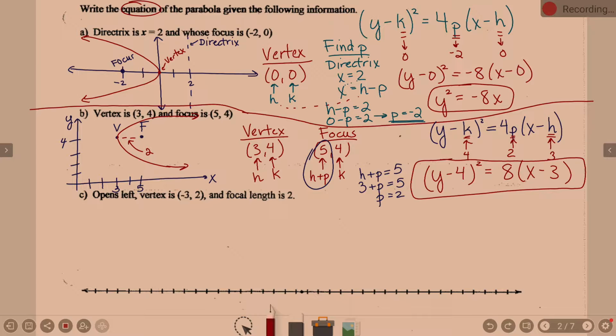Okay. And that is our standard form of a parabola. And notice by looking at that, you can tell the vertex right off the bat, can't you? By pulling out your h and k. Questions on this one?